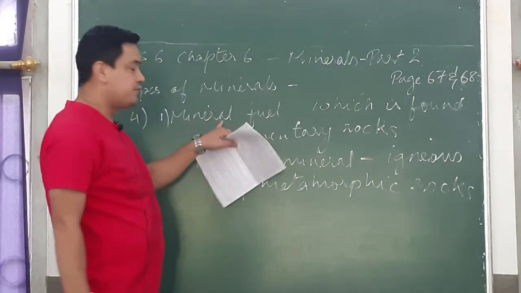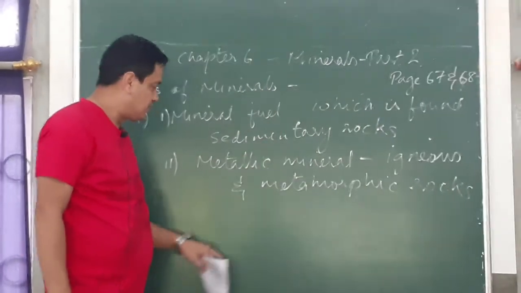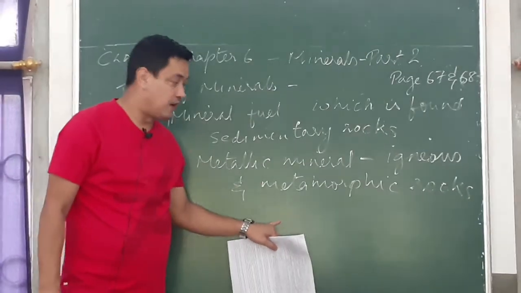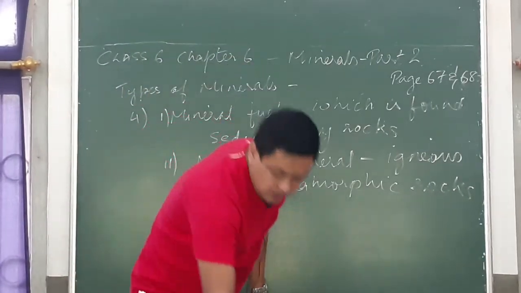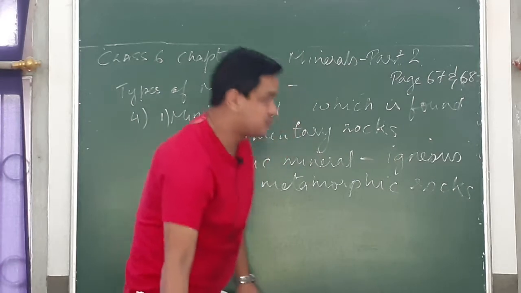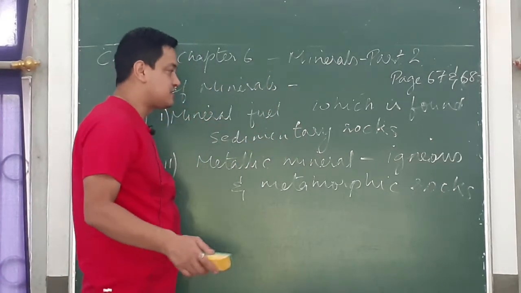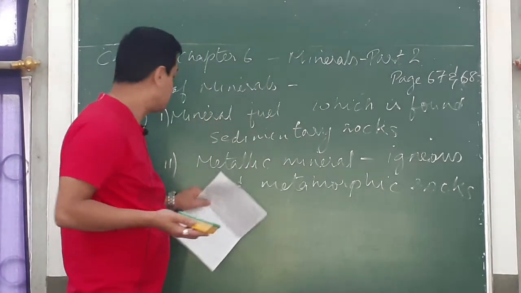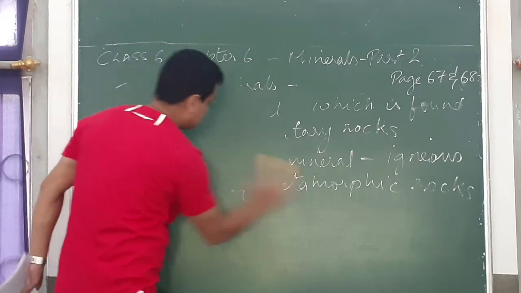So, mineral fuels are found in sedimentary rocks, whereas metallic minerals are found in igneous and metamorphic rocks. So, we'll discuss igneous rocks, sedimentary rocks and metamorphic rocks in some detail today.